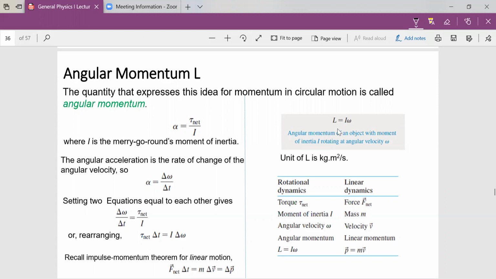That means the statement that momentum is conserved means the first law for a single object in a rotational state. And the quantity that we use to express the idea of momentum in a circular rotational motion is what we call the angular momentum.